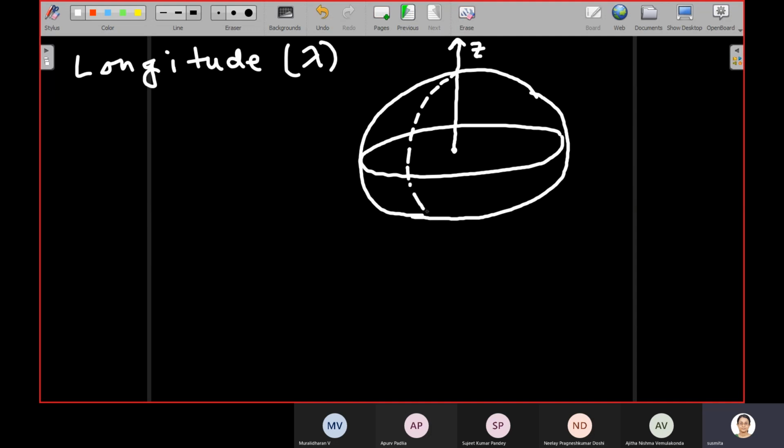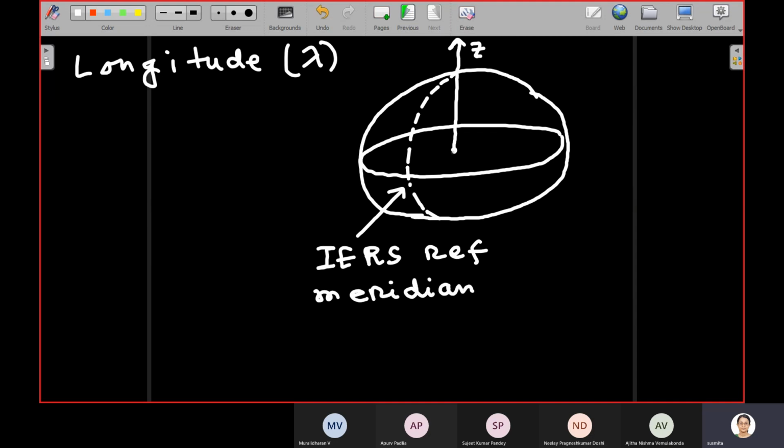And this dashed line shows the IRS reference meridian. So this is x-axis, PCF x-axis, and then this is y-axis. Now, this is point C that we considered on the previous page.